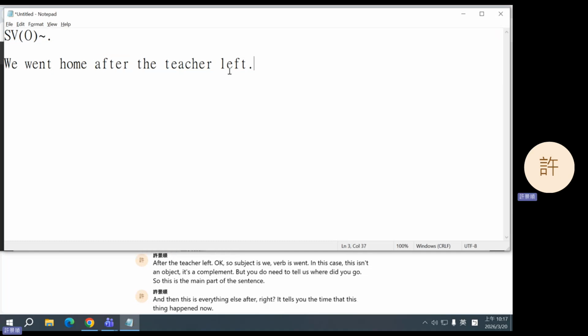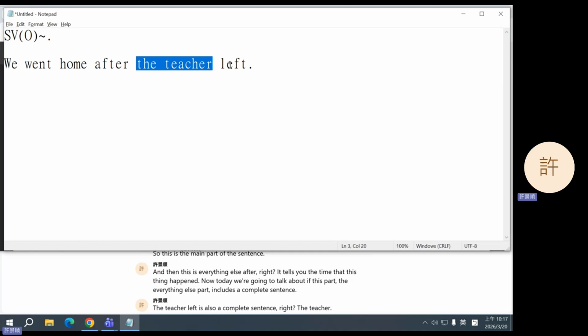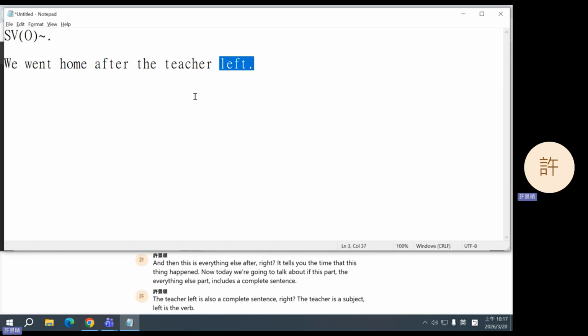Now, today, we're going to talk about if this part, the everything else part, includes a complete sentence. The teacher left is also a complete sentence, right? The teacher is a subject, left is the verb, you don't need an object. This is a complete sentence.